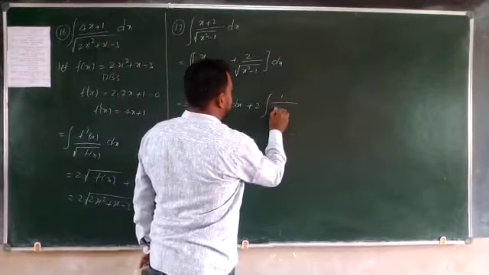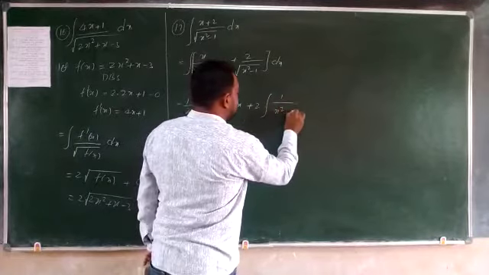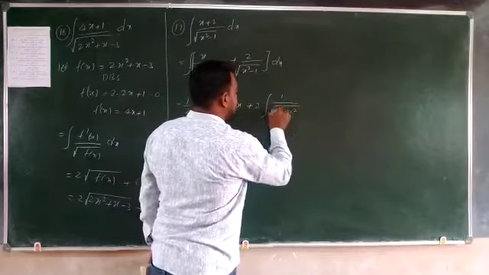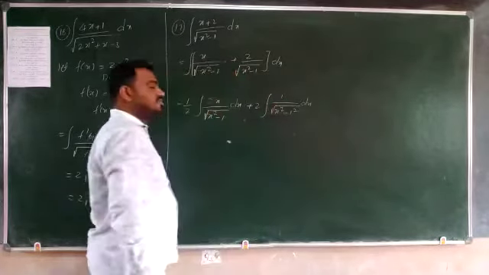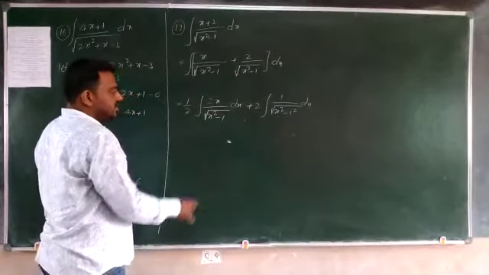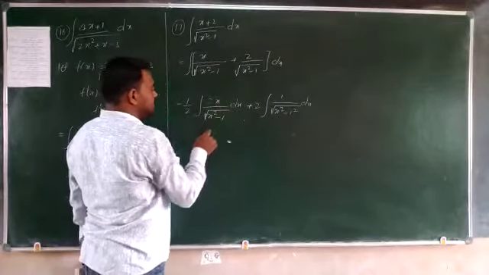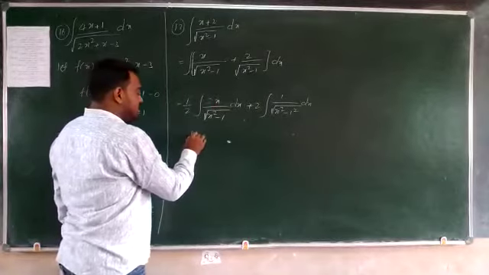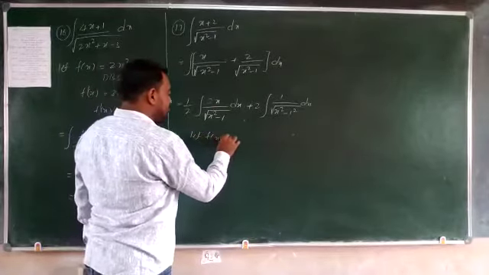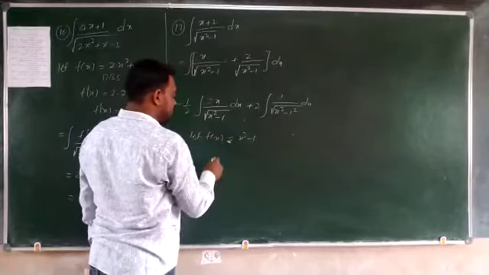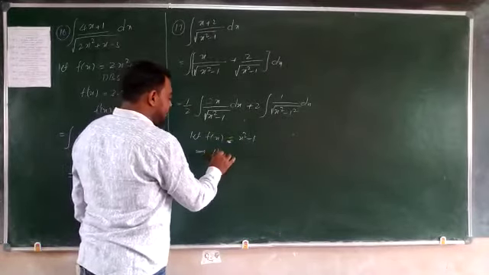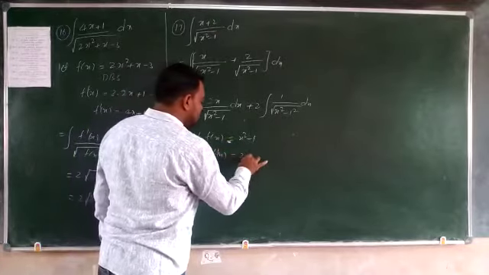The integration of 1 by square root of x square minus 1: what I am writing is 1 is equal to 1 square. For the first term it is in the form of f dash of x by root f of x. Let f of x is equal to x square minus 1, then f dash of x is 2x.